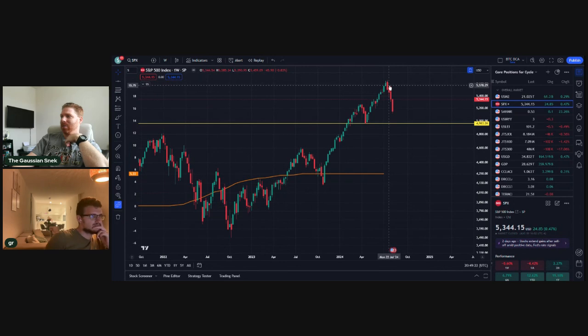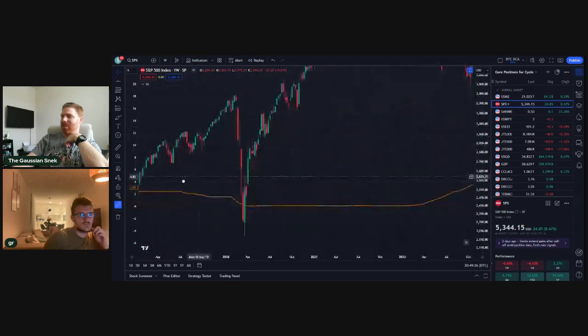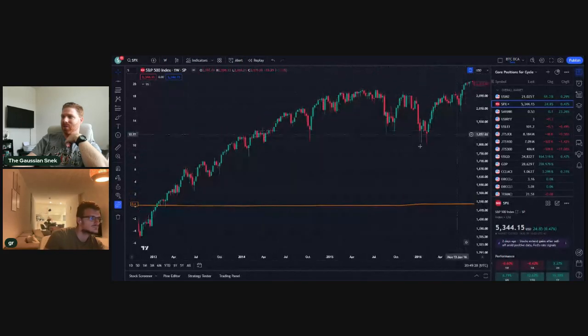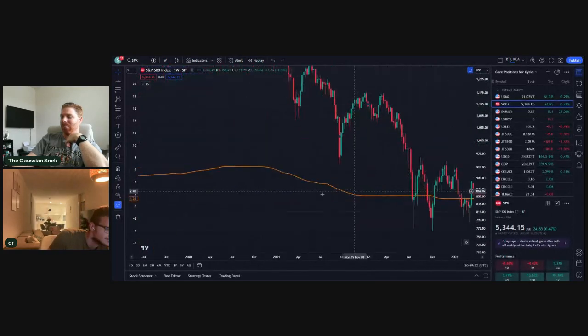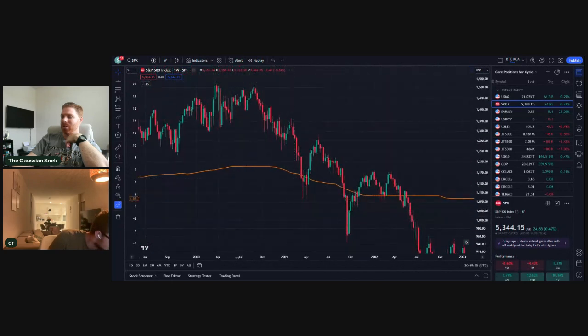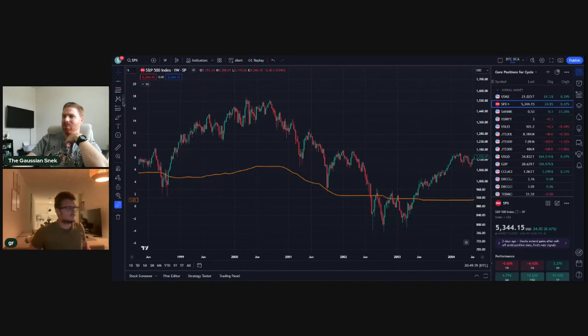And what kind of drop could we be in for? Well, you have to look at past recessions. In the great financial crisis, there was a 57% drop. Let's look at .com, because those are the two most recent. We know diminishing volatility will mean that we probably won't drop as hard as we have in the past.